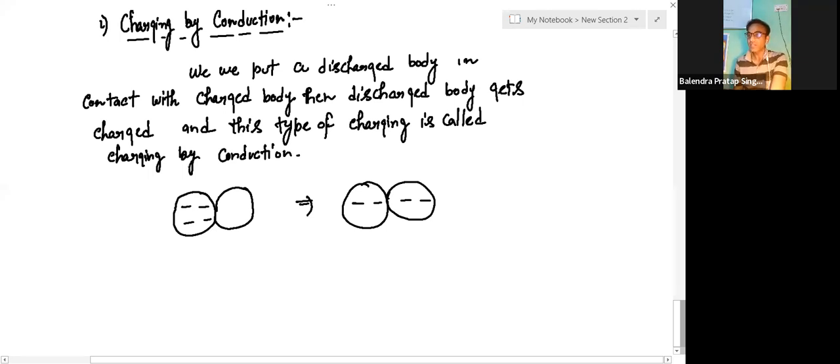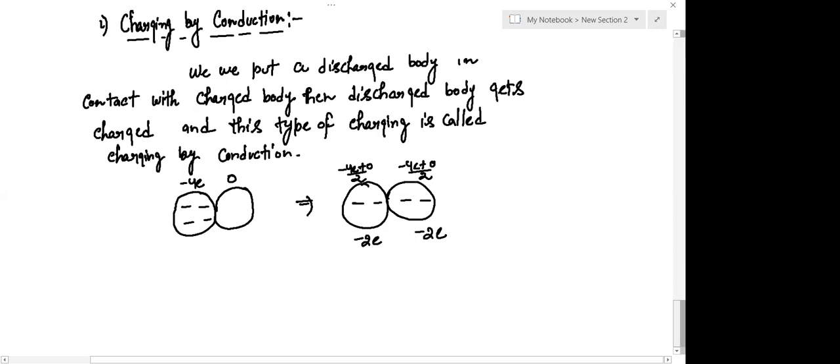Suppose one has minus 4e charge and the other has 0 charge. The first one gets (minus 4e plus 0) by 2, and the other is also (minus 4e plus 0) by 2. So both have minus 2e. If you detach these two bodies, both bodies have minus 2e charge. In this way, one discharged body gets charged by conduction. Is it clear? Does anyone have a doubt?